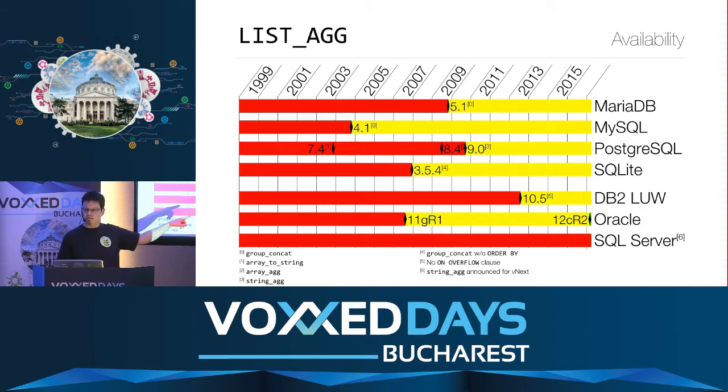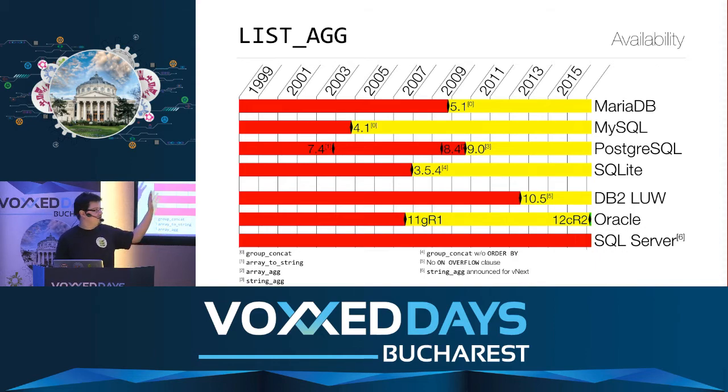Do you see the very little tiny green part at Oracle? So Oracle 12.2 was released for on-premises installation just 10 days ago. 10 days ago, and Oracle 12.2 can fully do what I've shown you on the previous slide. Before that, it did not have the on-overflow clause. Otherwise, it works.